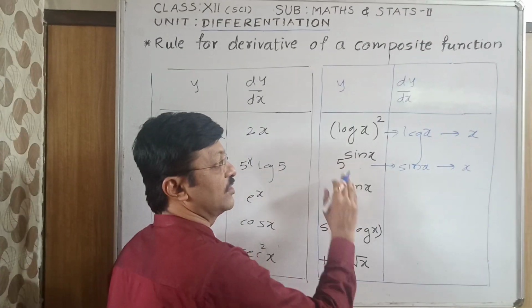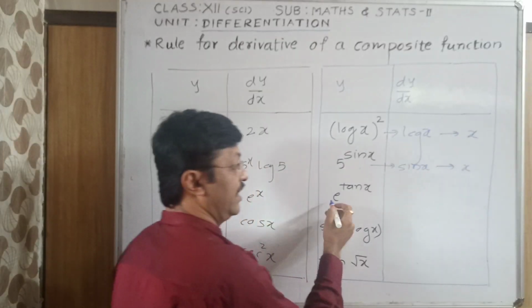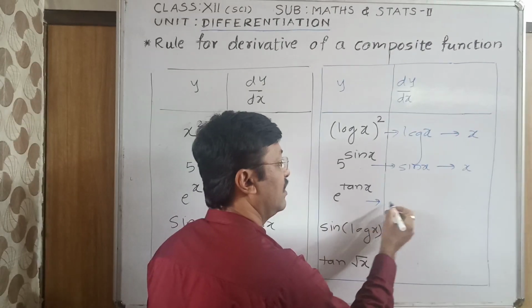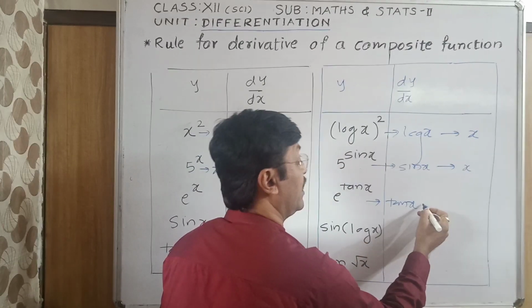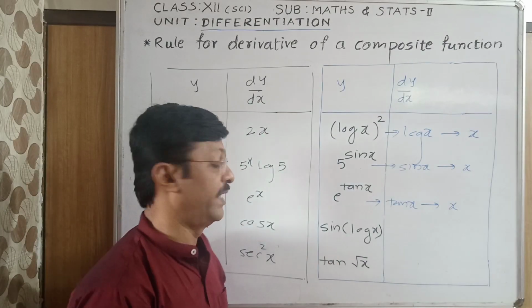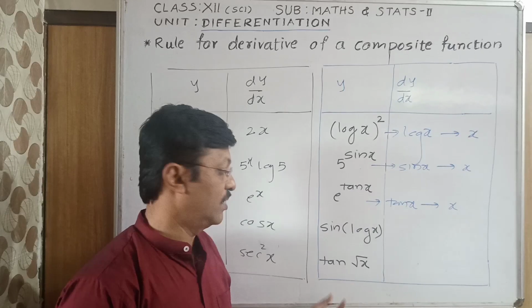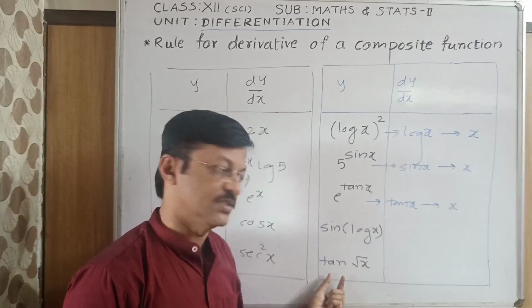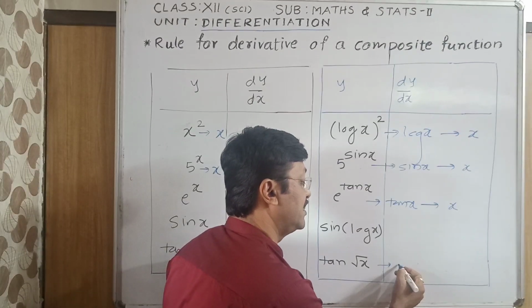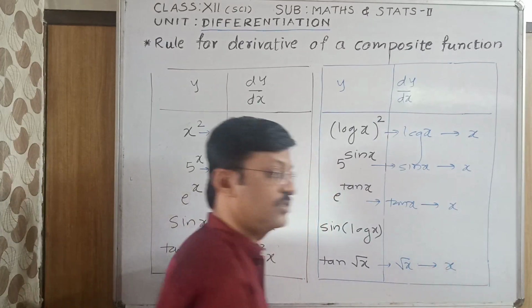So these functions are functions of functions. E raised to tan x is a function of another function tan x, and tan x then is a function of x. Similarly, you can think about the remaining two, sine of log x and tan of root x. Tan of root x is a function not directly of x, it is a function of root x, and root x then is a function of x.